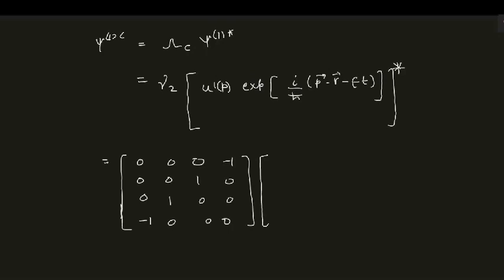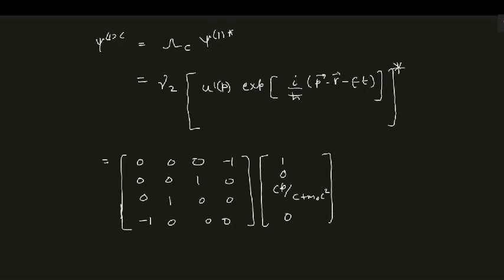So u1p we discussed in detail in the parity operator case. Your u1p was equal to 1, 0, cp by (m naught c squared plus E), and at the end 0. This p was pz, the momentum along the z direction, and px and py were 0.